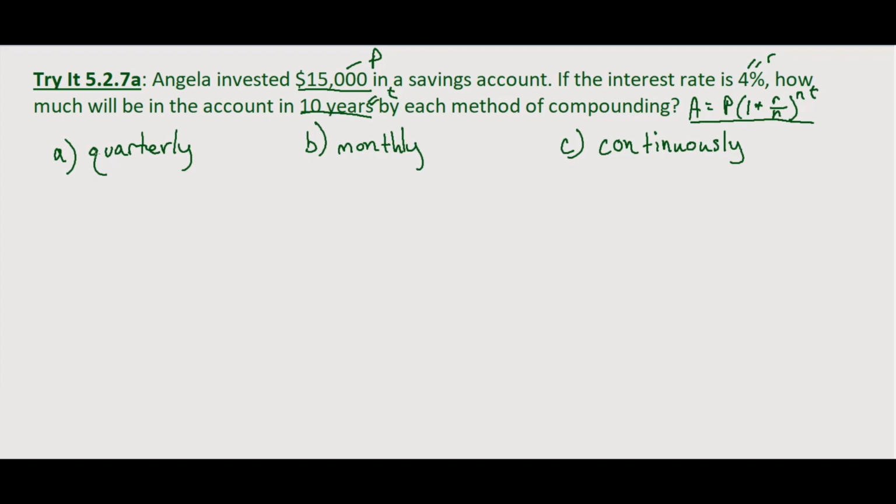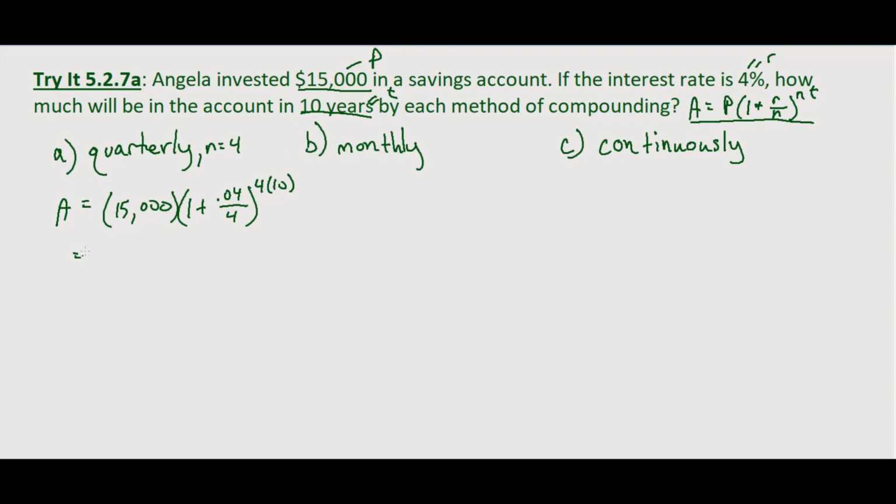So in this case, compounded quarterly. Well, that means N equals 4. Quarterly means 4 times per year. So substituting into our formula, A equals P, which we know is 15,000, times 1 plus R, which is 0.04, 4%, divided by N equals 4, to the 4 times 10, NT.